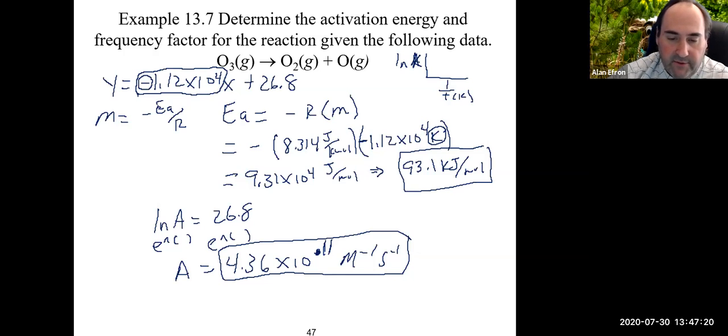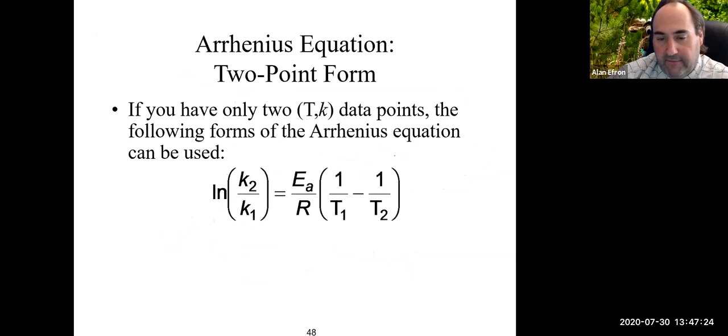And we could do that with another version of the Arrhenius equation, sometimes referred to as the 2-point form, which means if you have information about maybe 2 temperatures and a rate constant, or maybe 2 rate constants and a temperature, maybe the activation energy, you could find another temperature, you could find another rate constant. You could use this to find the activation energy if you know 2 temperatures and 2 rate constants. So you could do those as well.